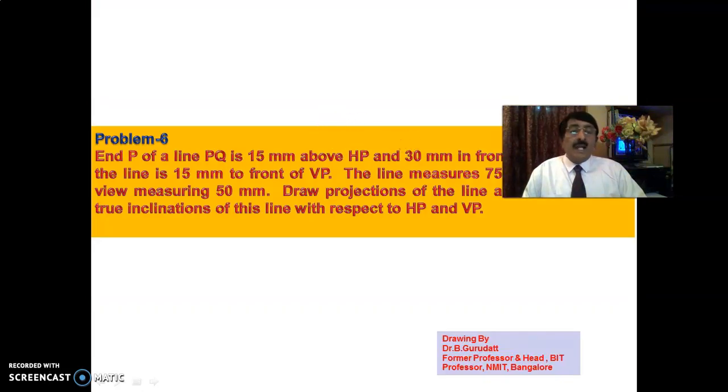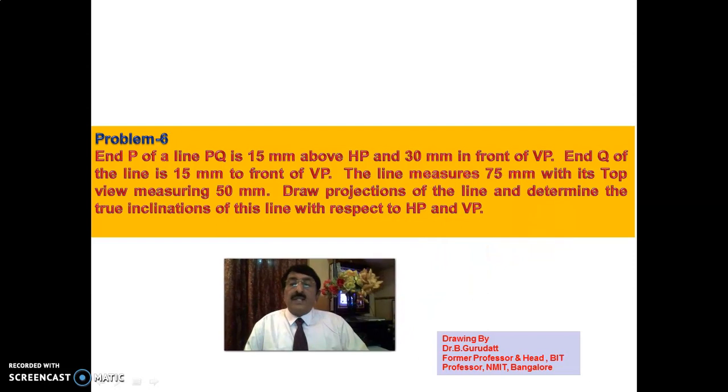See here, as I have been telling you again and again, for a line problem which is inclined to both HP and VP, the front view as well as the top view will not be in true length. The line will not only be inclined to HP but also inclined to VP.